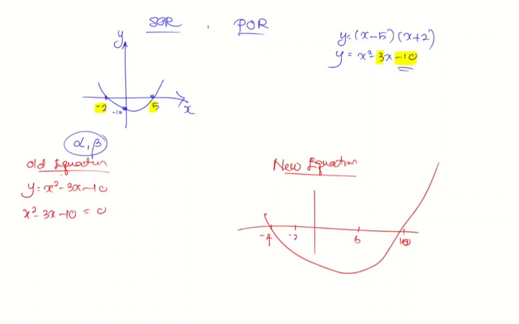Sum of root is negative b over a. This is the formula. Product of root is c over a. Second formula.